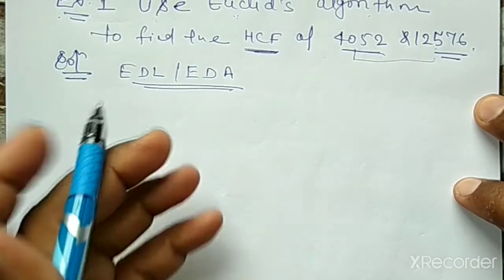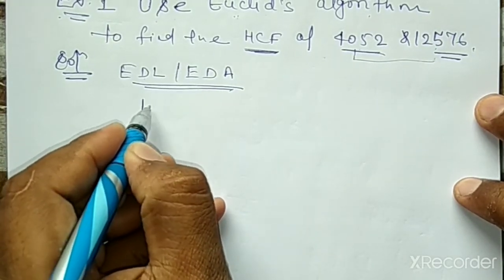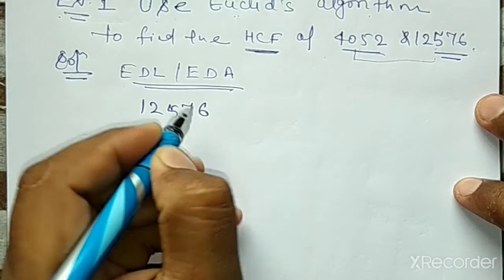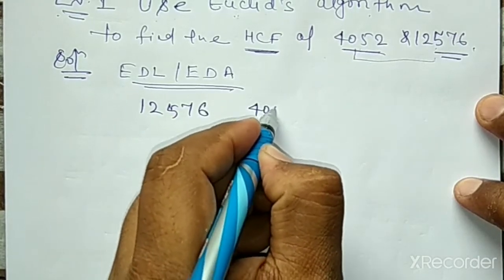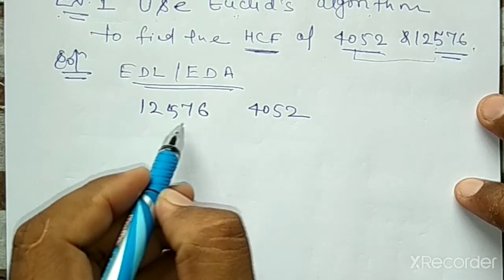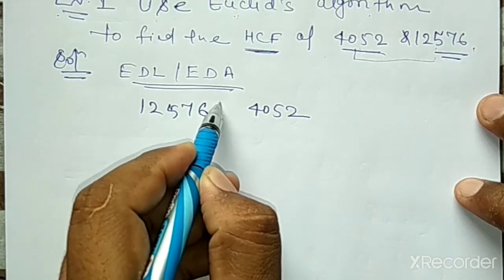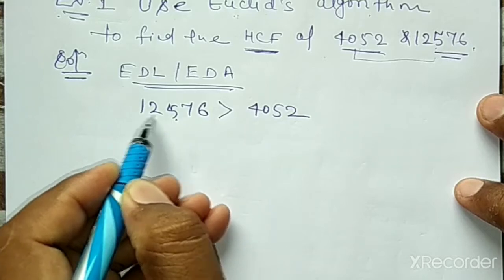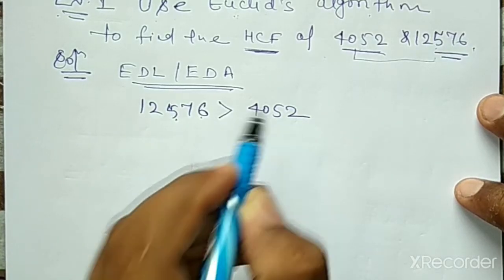There are two numbers. One number is 12576 and another number is 4052. Of both the numbers, you have to find out whichever is greater. So 12576 is greater than 4052.